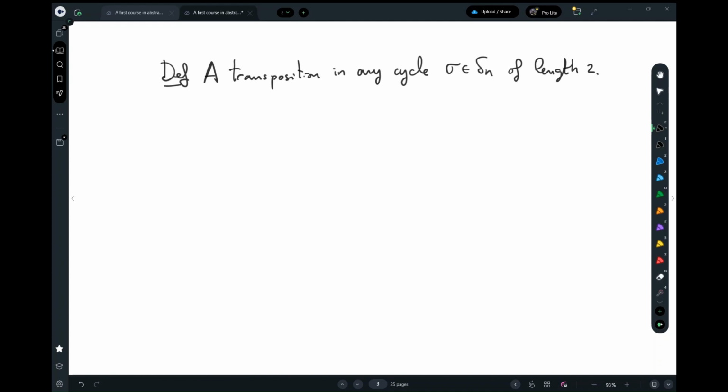In other words, sigma is just one cycle, one disjoint cycle, and everything else is fixed, and it just sends i to j, where i is less than but not equal to j, and less than or equal to n.